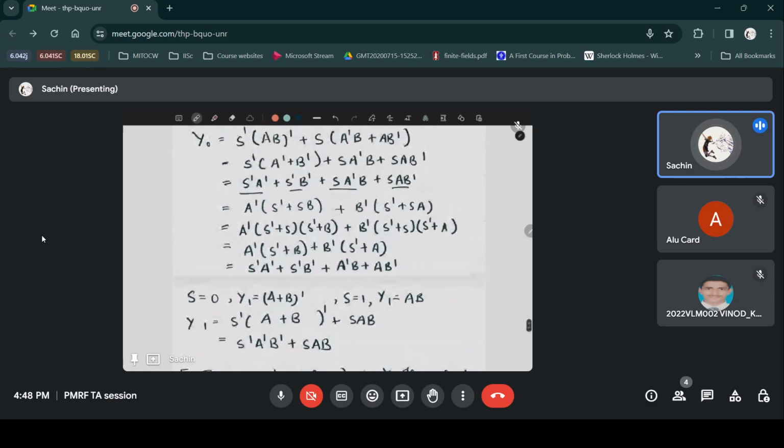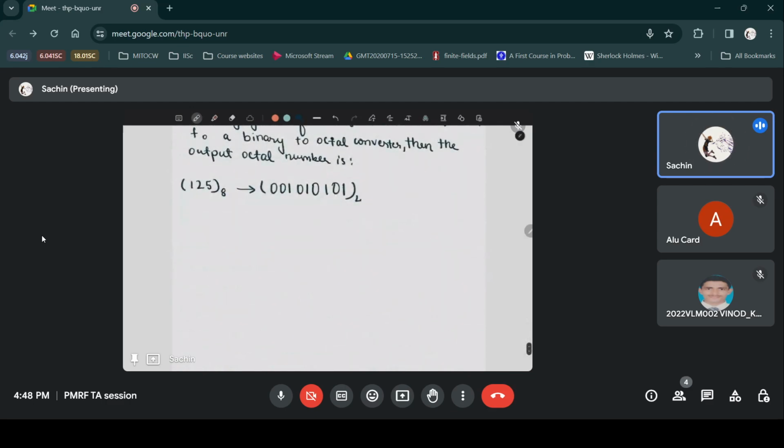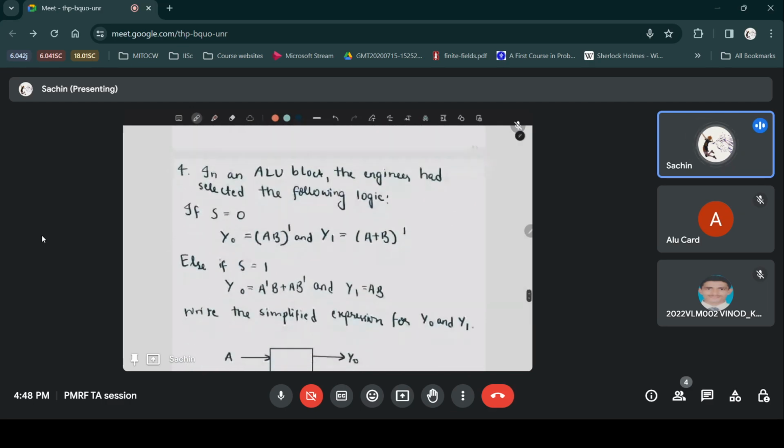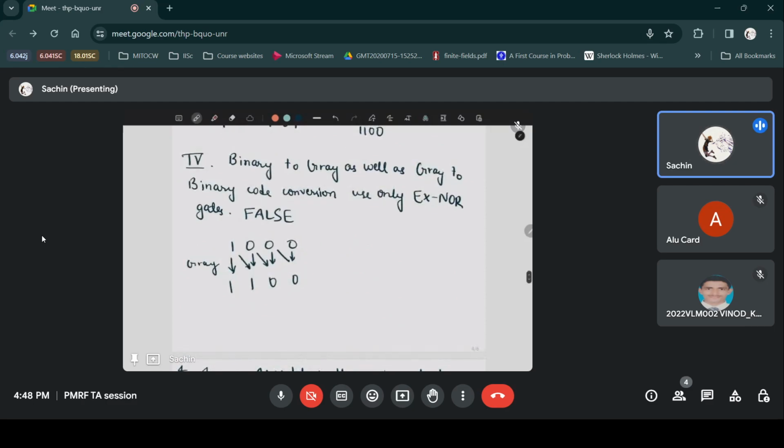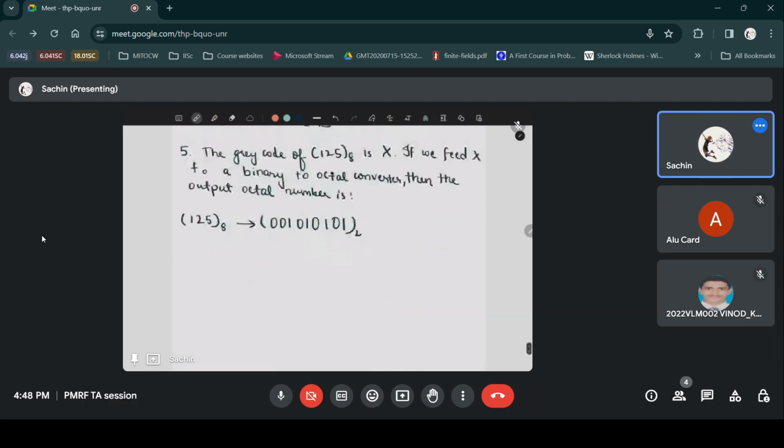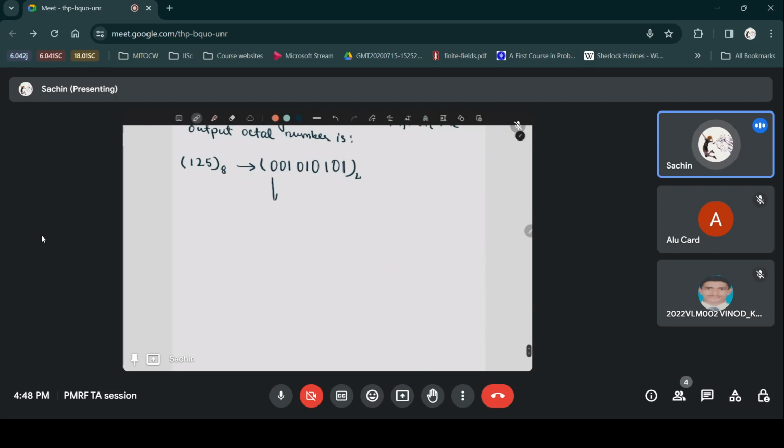Previously I explained in this question how to convert to gray. So the MSB, you write it as it is. So it's 0. Then you XOR these two, that's 0. XOR these two, 0 XOR 1 is 1.